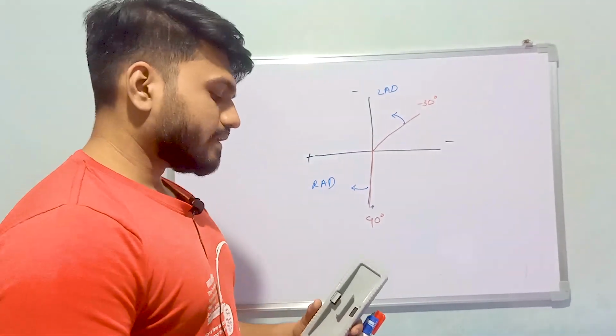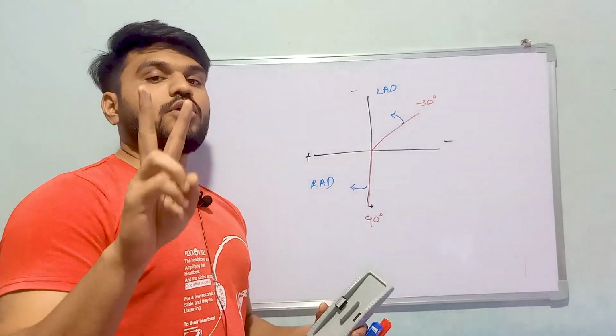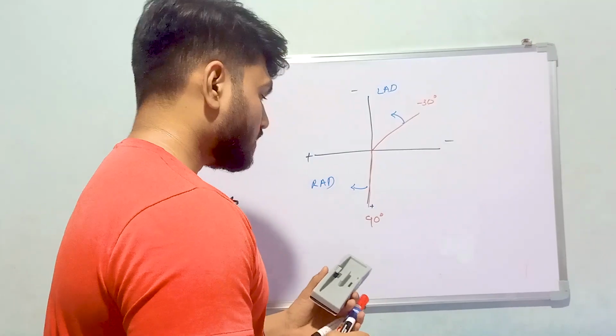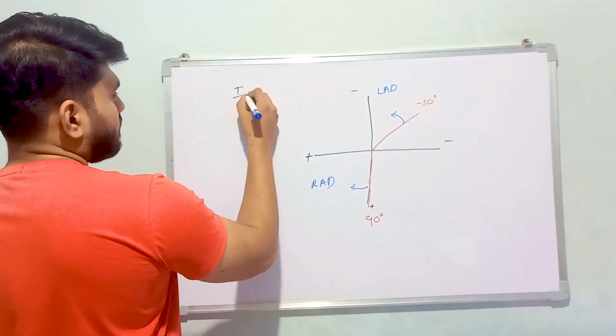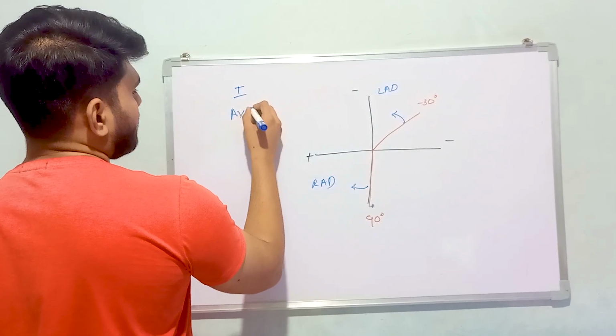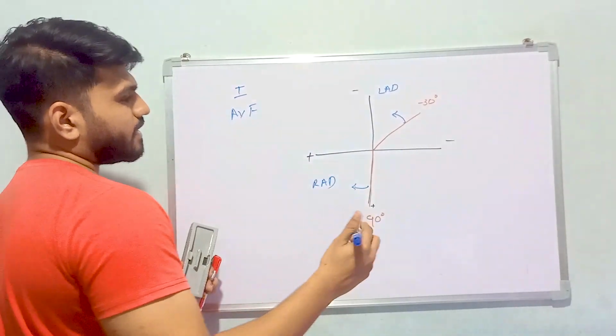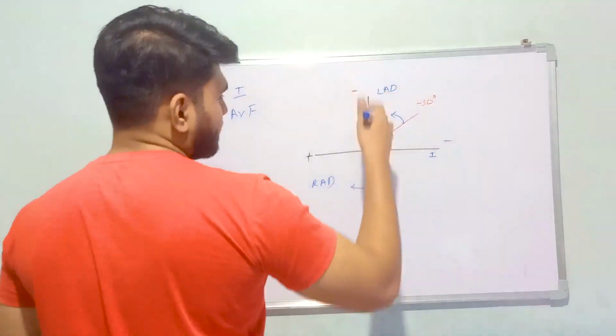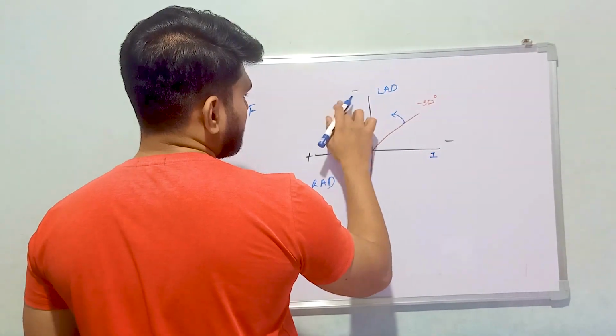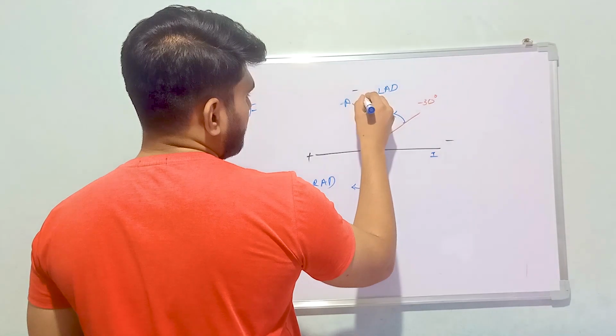In order to understand the axis, you will look at only two ECG leads, which are lead 1 and AVF. You will represent one lead here. This horizontal is one lead and this vertical is AVF lead.